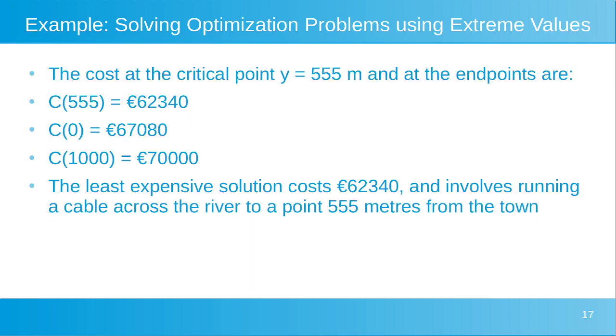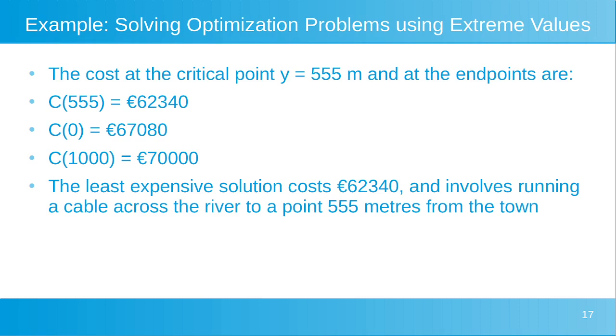So here we've got that worked out. The cost at the critical point, where y is equal to 555 meters, and our endpoints, which we already investigated, are as follows. The cost at the critical point, where y is equal to 555, is equal to 62,340 euros. The cost at the endpoint, where y is equal to 0, corresponds to 67,080 euros.